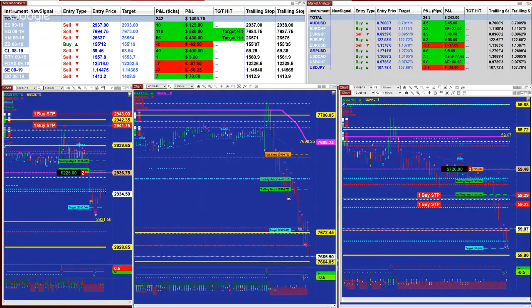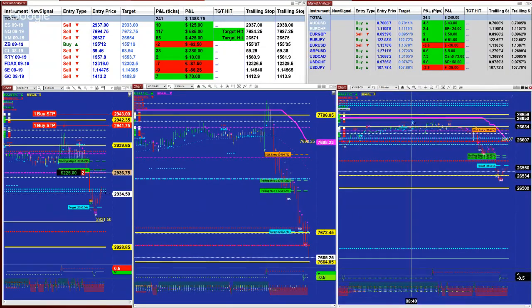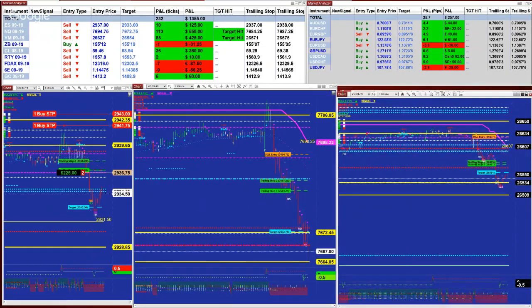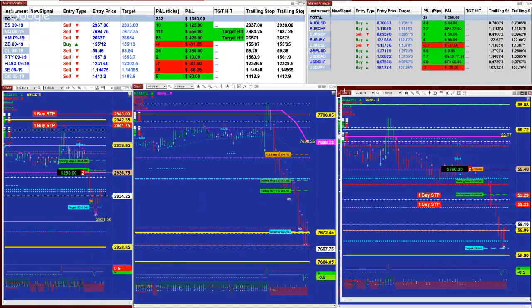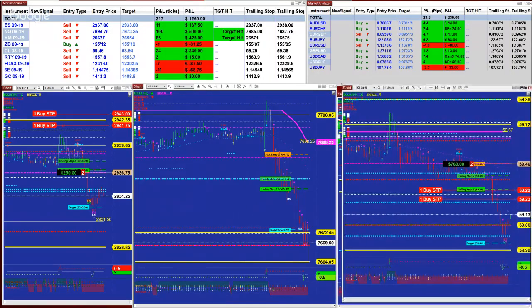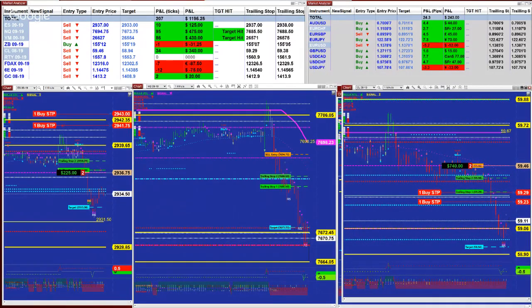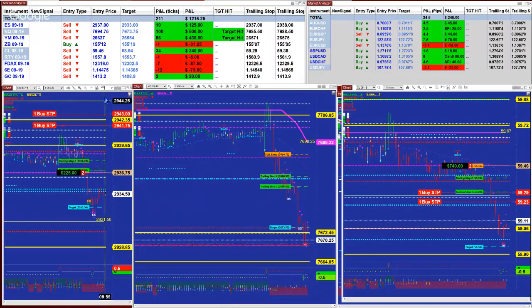But we're gonna continue covering some of the stuff, and we have the CL. Where is the CL? Here is the CL. This is amazing, and we still have the ES and the CL on the entry signal.